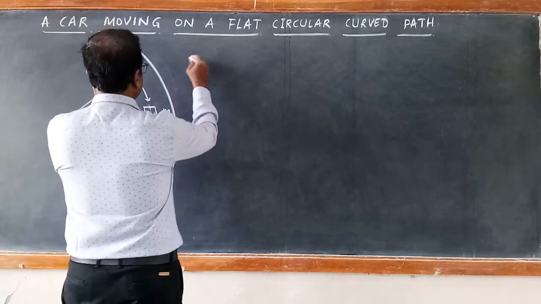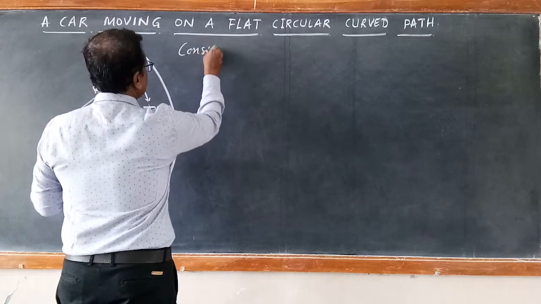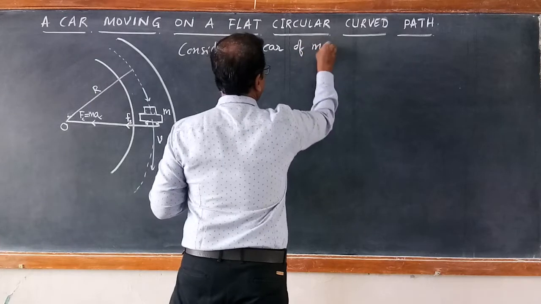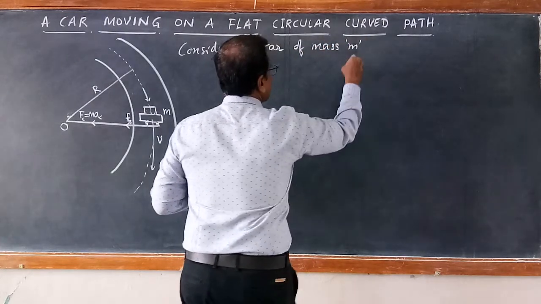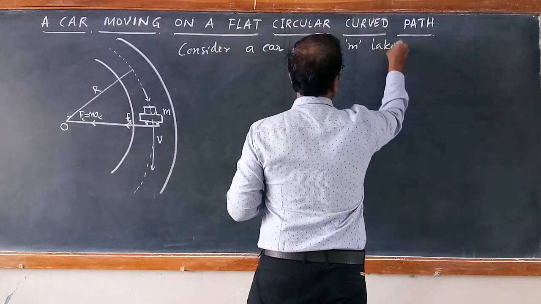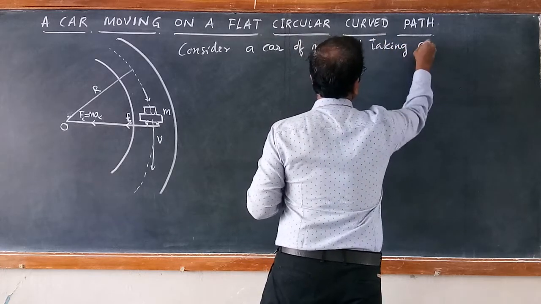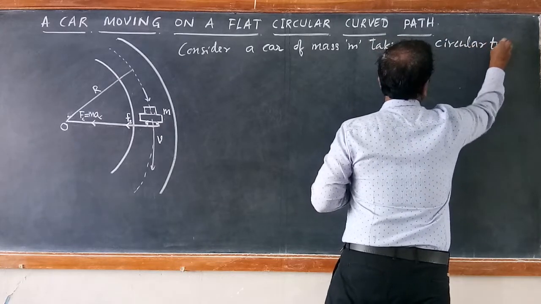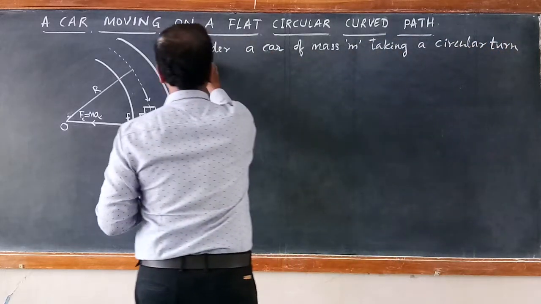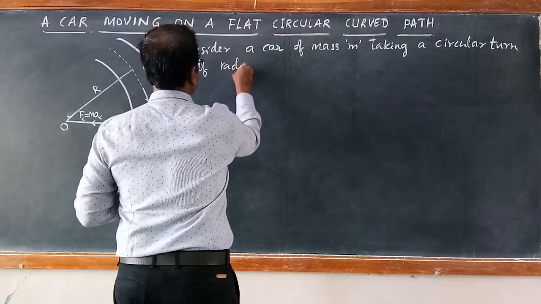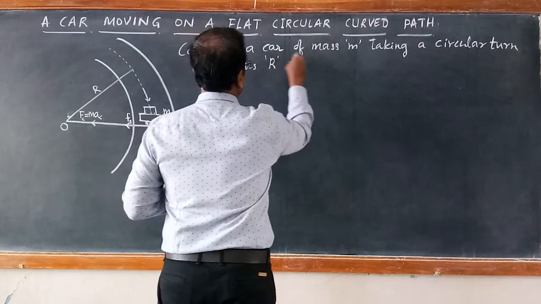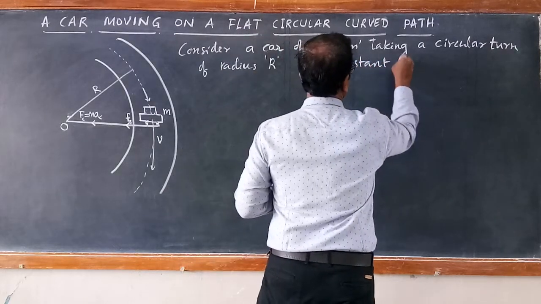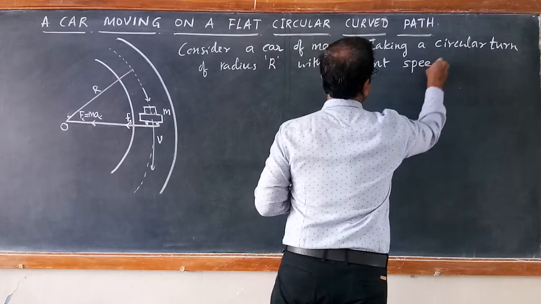So if I just write down, consider a car of mass m taking a circular turn of radius r with constant speed v.